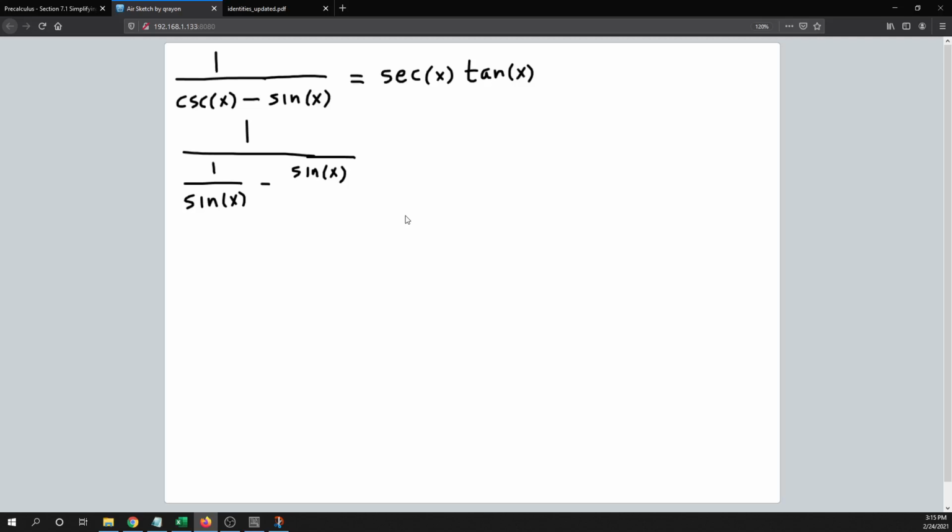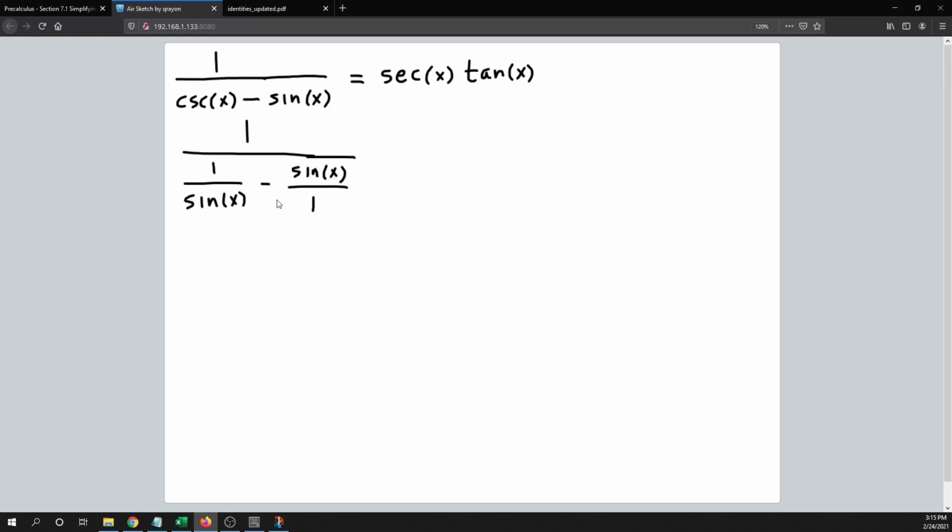So what we want to do is go ahead and combine these two fractions in the denominator of the big fraction. And remember, you can always write this as a fraction by putting it over 1. Okay, so I want to combine these two fractions and then I'm going to do the division.